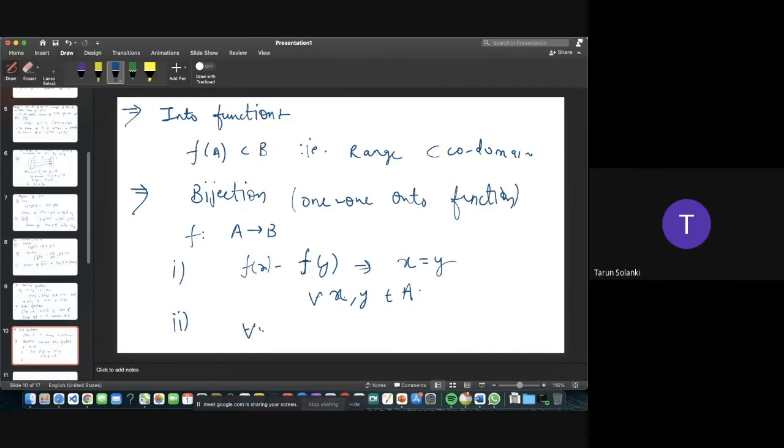So for all y belonging to B, there exists x belonging to A such that f of x is equal to y, right? So by this we can say it's clearly a bijection. So copy here.